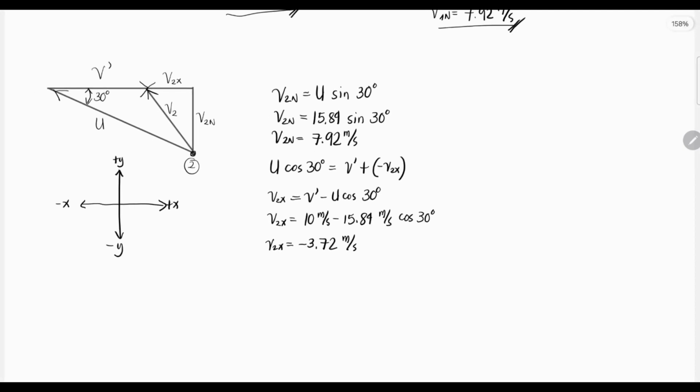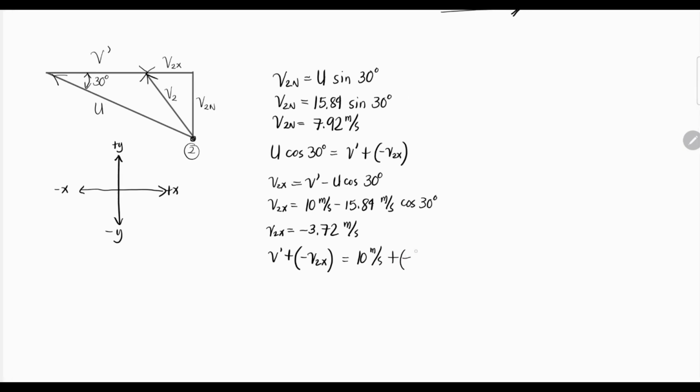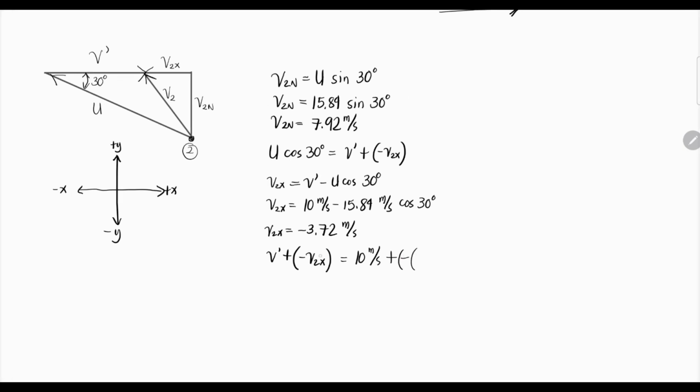So, kapag pinag-add natin yung V prime plus the negative V2X, that is 10 meters per second plus the negative, ano yung negative V2X?